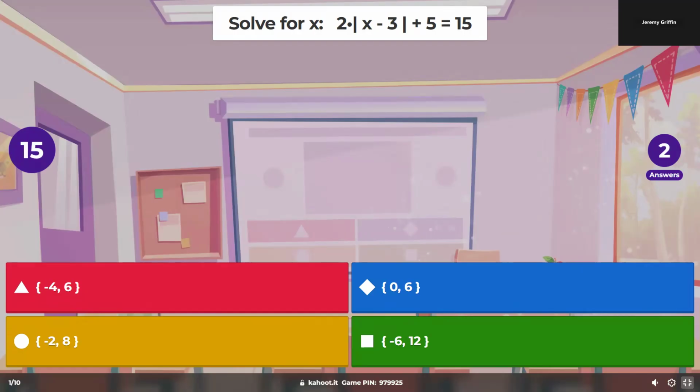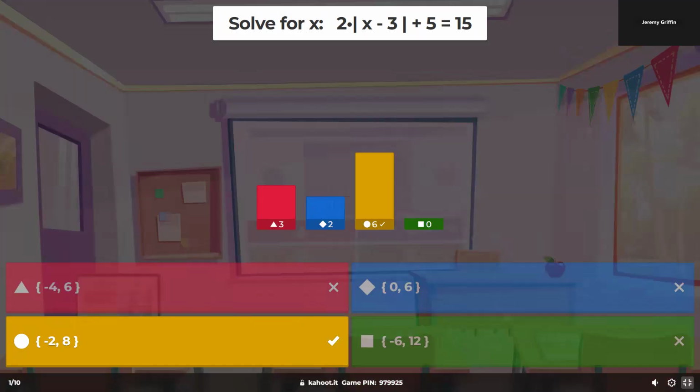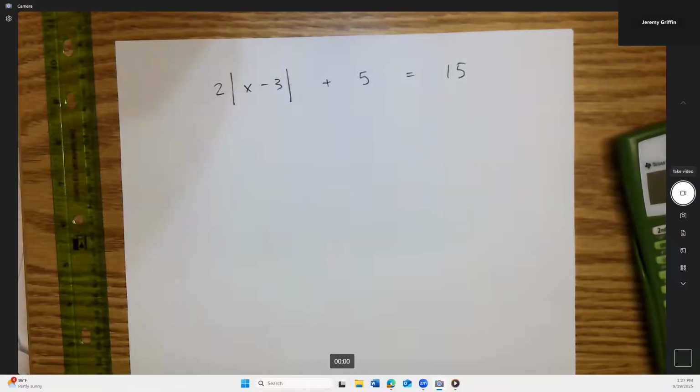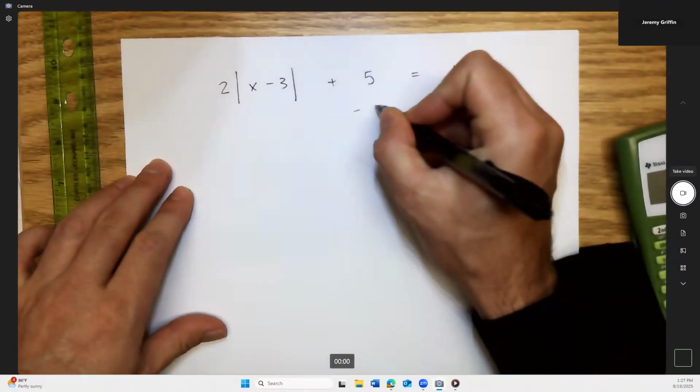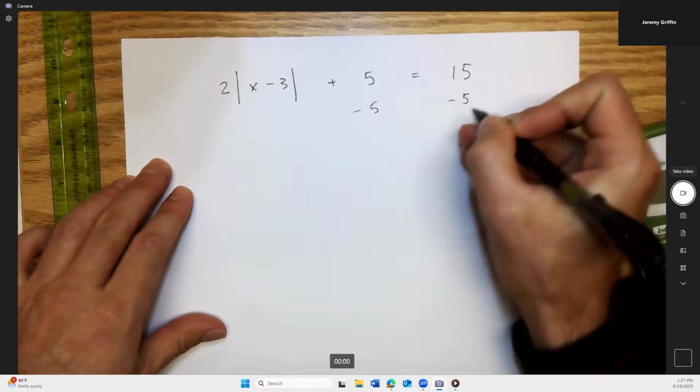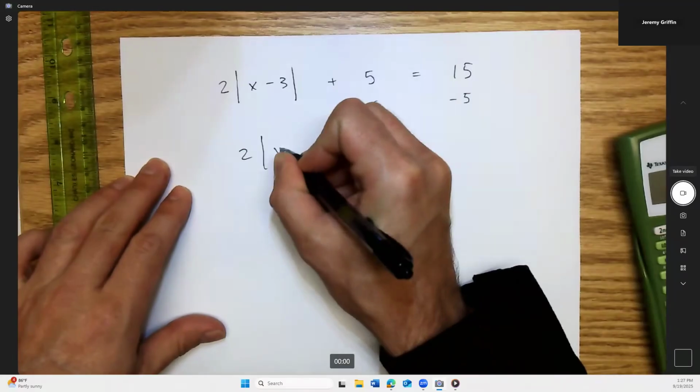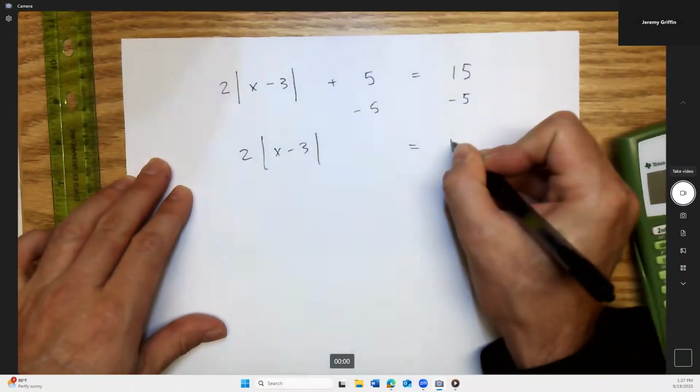First step, subtract 5. And then you divide by 2. So x minus 3 might be positive 5 or negative 5. And then add 3 to each one. So first thing is to subtract 5, and that brings you to this equals 10.